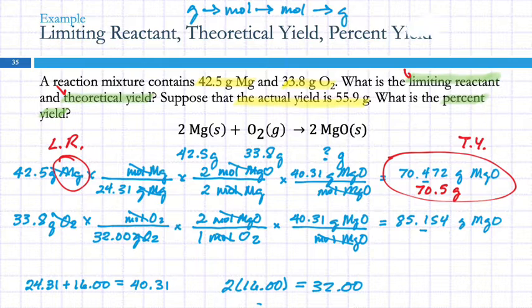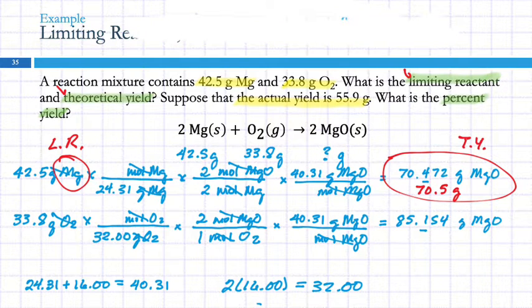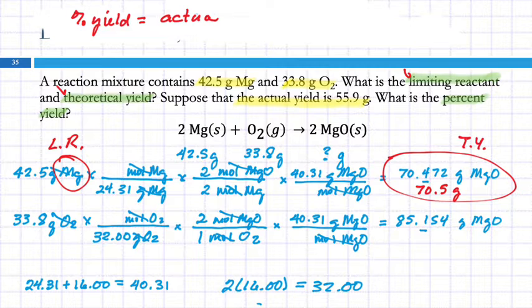So let's do that up here. Let's just stick with the red. So percent yield is how much you actually made divided by how much you theoretically could make.